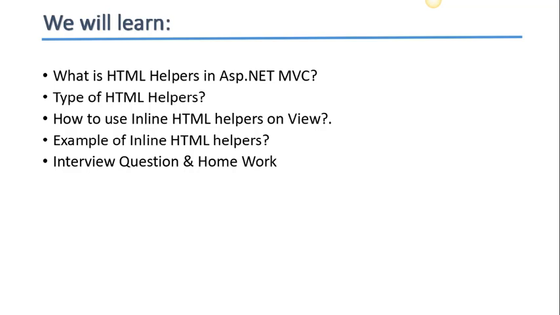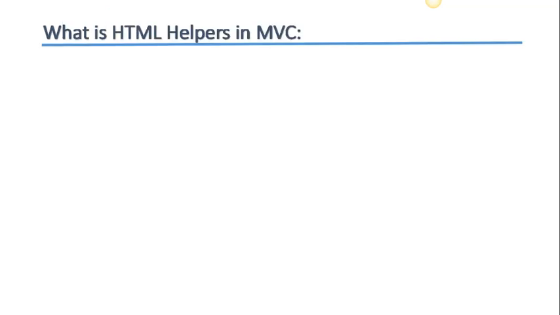So let's start. The first one is, what are HTML helpers in MVC? HTML helpers are methods that return a string. HTML helpers are nothing but methods, and the return type of the HTML helpers is a string.